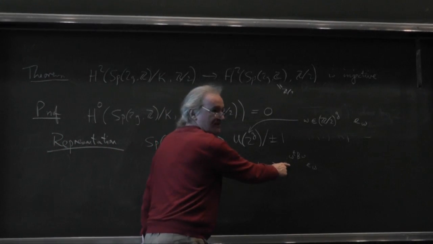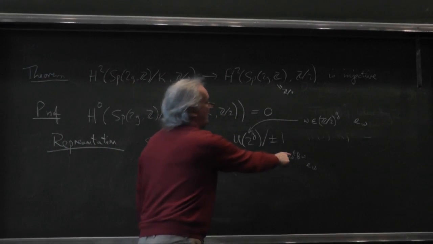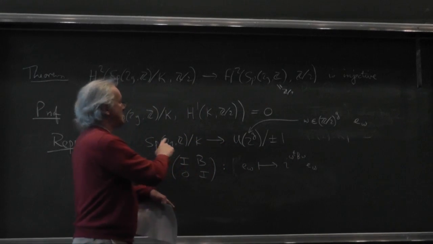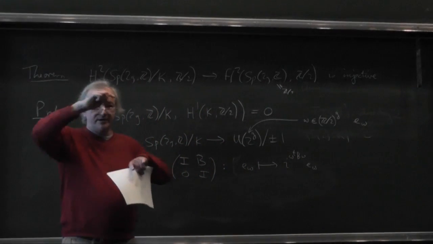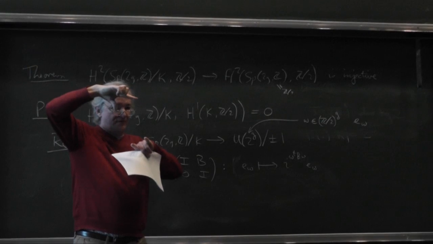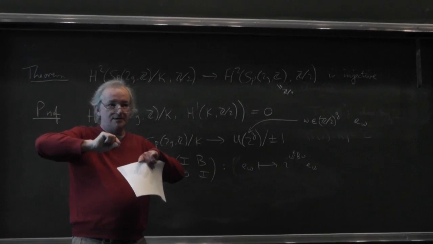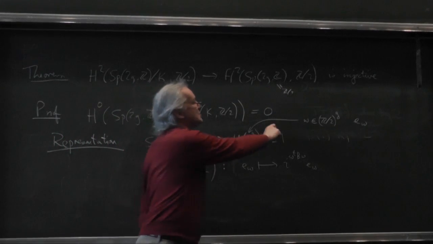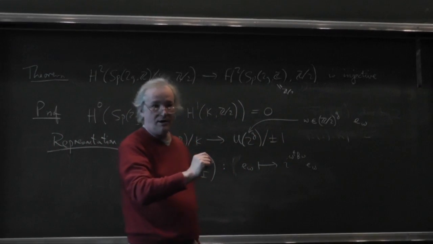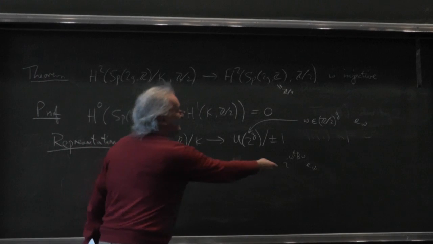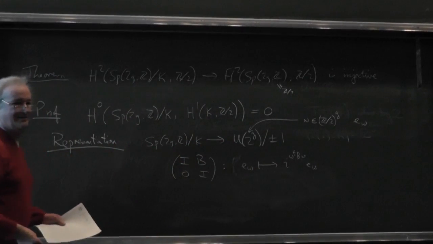So these are 4th roots of unity, and B, if you think about what's left of B in this group, the off-diagonal elements of B are defined mod 2, and the diagonal elements are defined mod 4. So it's really a quadratic form from (Z/2)^g to Z mod 4. And so it's well defined.